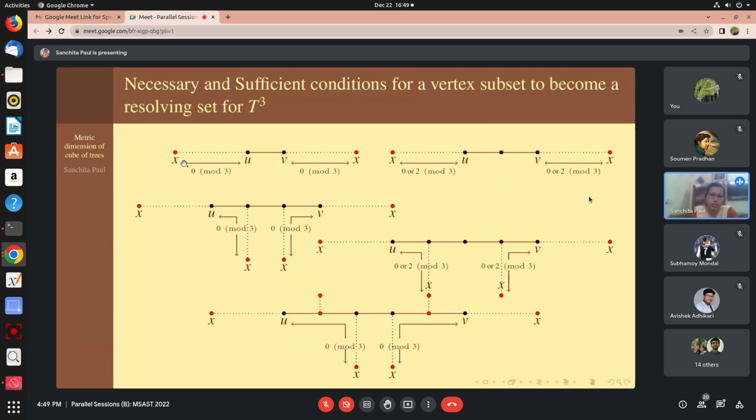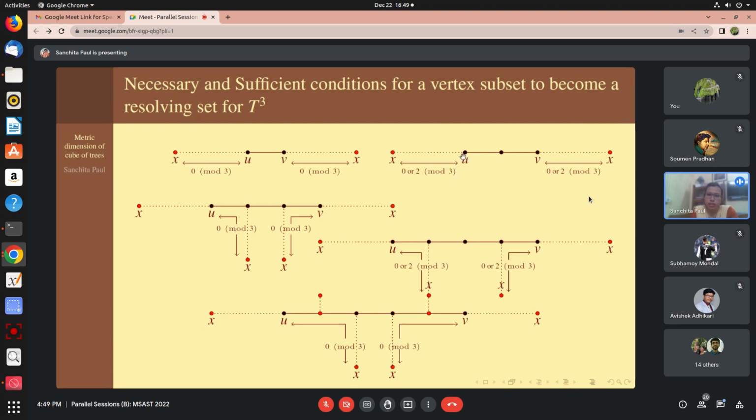You can see that if we take any X which is to the left of U and is at 0 modulo 3 distance, then we can consider dT of XU to be of the form 3k, that is k in T cube. But if we consider dT of XV, that will become 3k plus 1, which is k plus 1 if we compute in T cube. That is different from k. That's why X resolves UV.